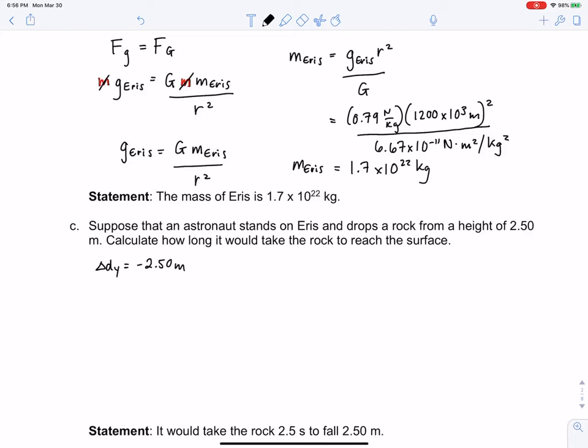Put the negative sign to imply that it is falling down. We know the acceleration in the y direction on the planet Eris is negative 0.79 meters per second squared, because the acceleration in the y direction is equivalent to the gravitational field intensity on the planet. And our job is to find delta t.